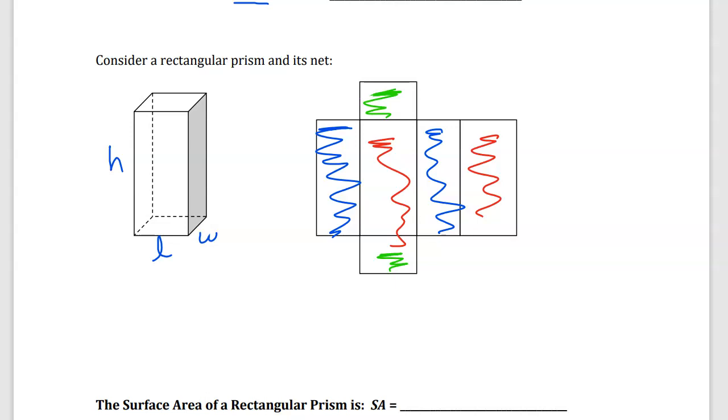Because if I think about it, the green is going to be length times width, length times width. So I have two length times widths.